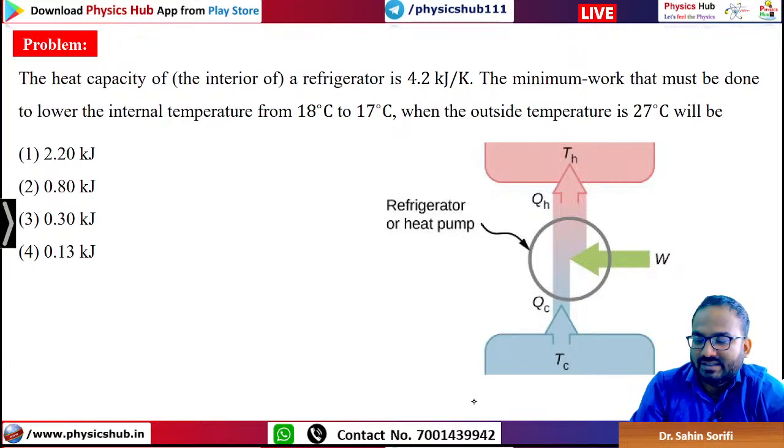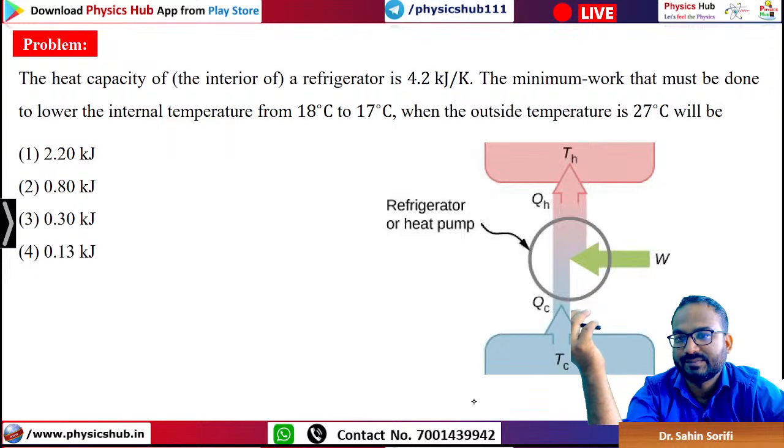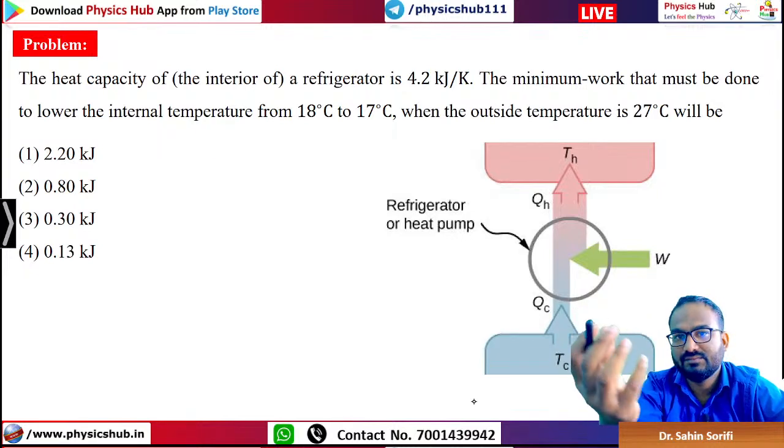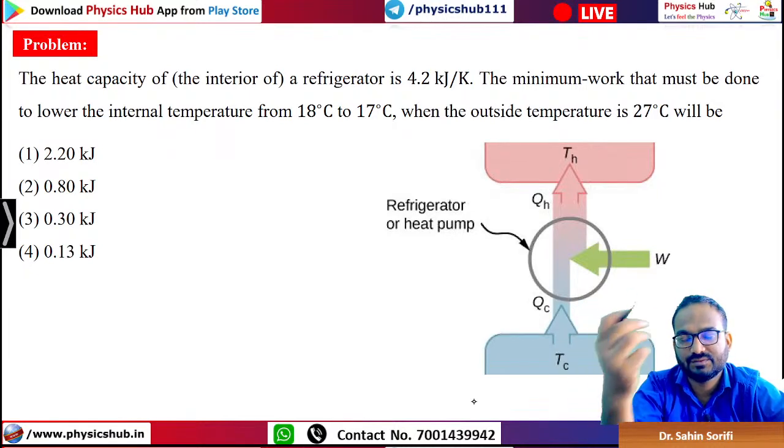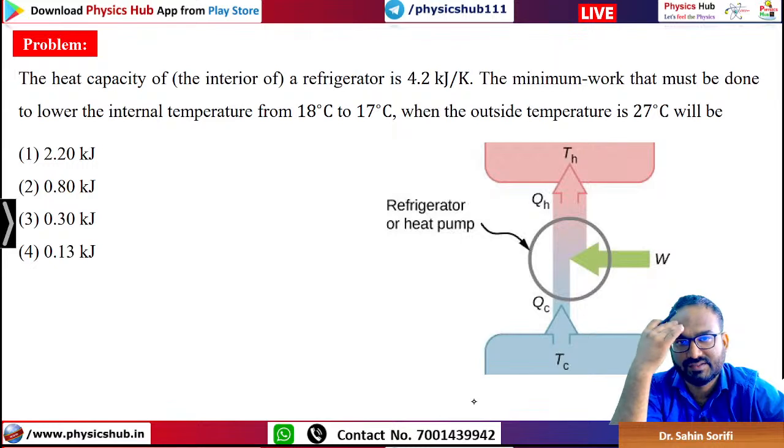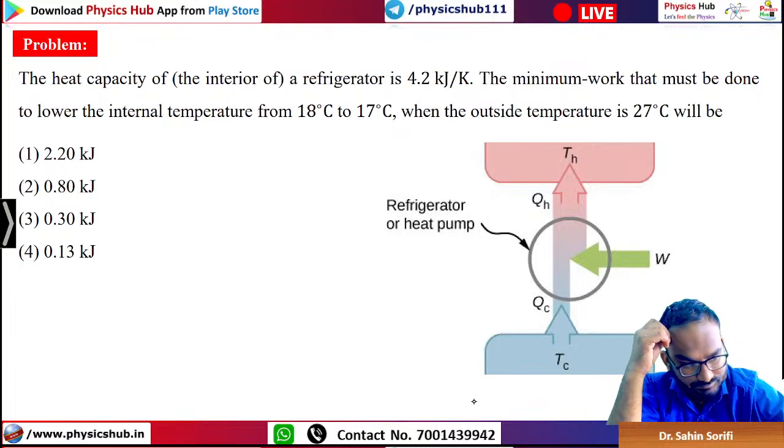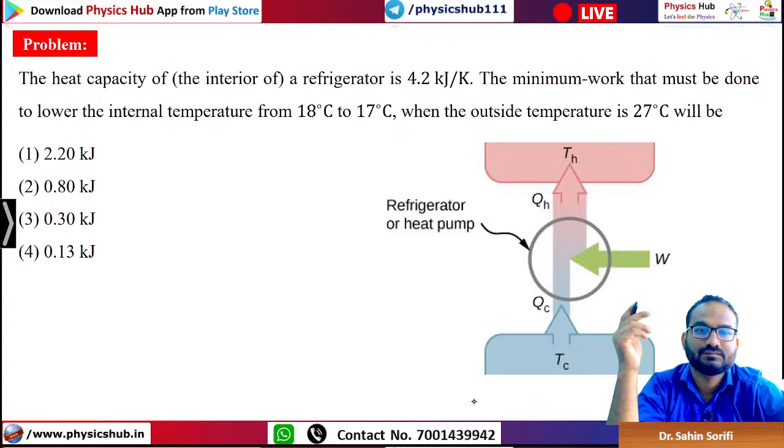In case of refrigerator, what will be the source? Source is like the outside temperature. What is sink? Sink is like the temperature of the food items. You can see that is the sink temperature, T1, T2. Can you do this? Ajay, Murli, Hari? Do it quickly. What are you given?